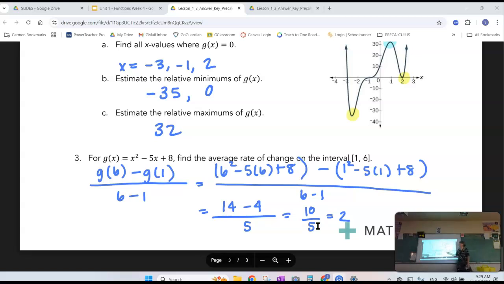Thank you. Okay, or 1 and 6. Okay, I've got two x values that I'm putting into the equation. Okay? And you will see that the first time they put it in, it's going to be 6 into each x spot. So we're putting 6 squared minus 5 times 6 plus 8. So there's 6 into the equation right here.